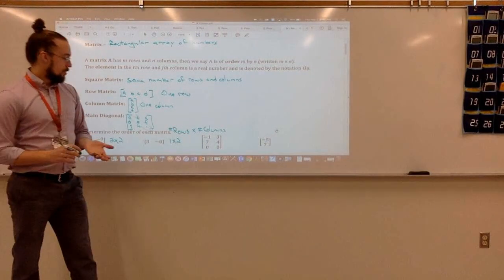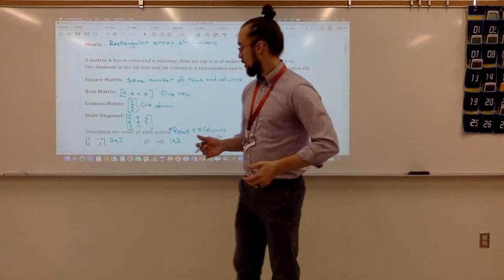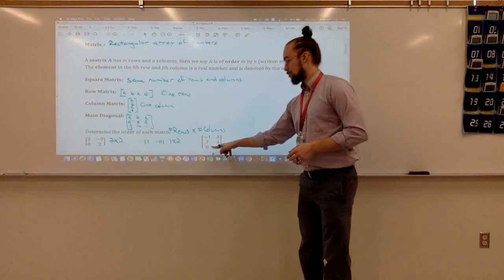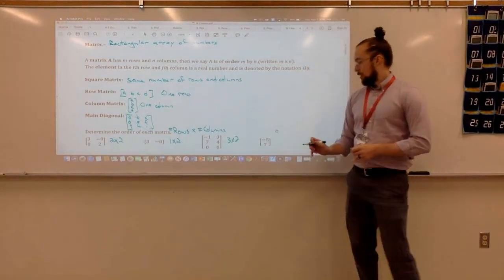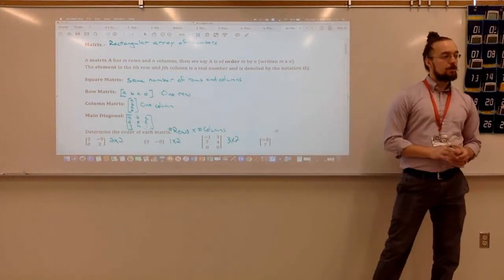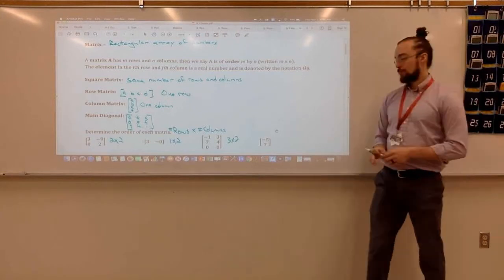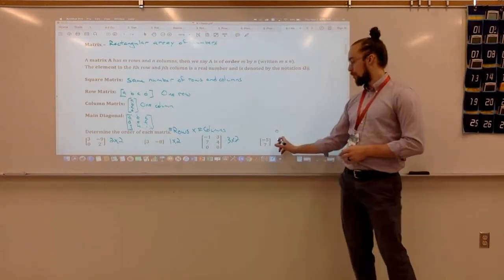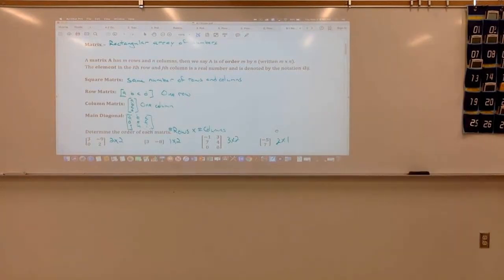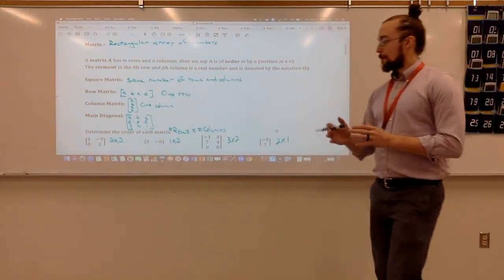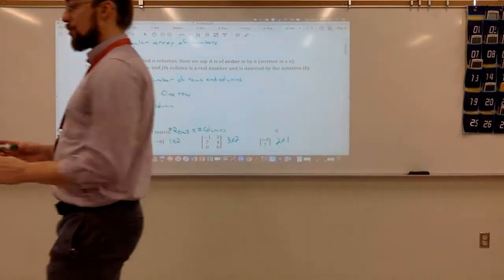For the third one, we have 3 rows, 2 columns, so 3x2. And the last, 2x1. We have 2 rows and 1 column. So that's how we would describe each of these matrices. Questions so far?